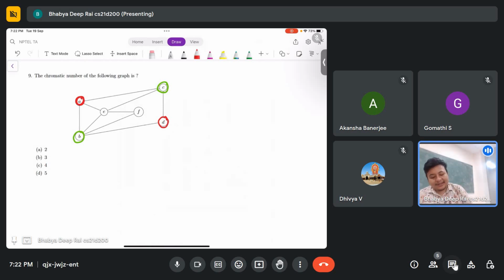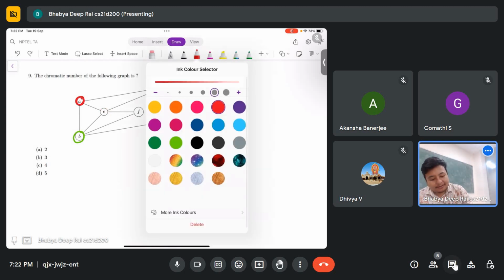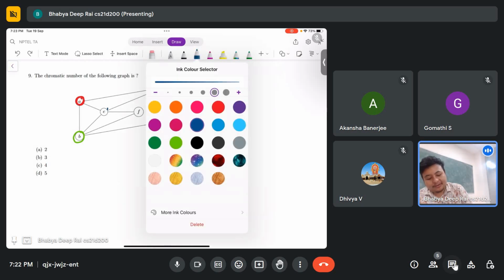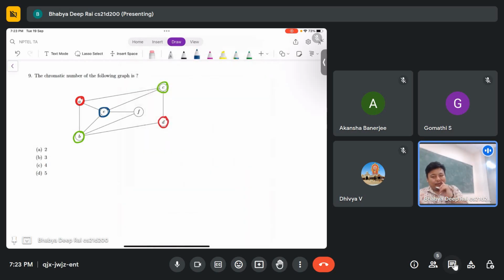Now let's look at E. I cannot color E as red, because if I color it red, A is connected to it and it is not proper. I cannot color it green also, because it is adjacent to B and C and they are colored the same. So I need to use another color, blue. So far I've used 3 colors.